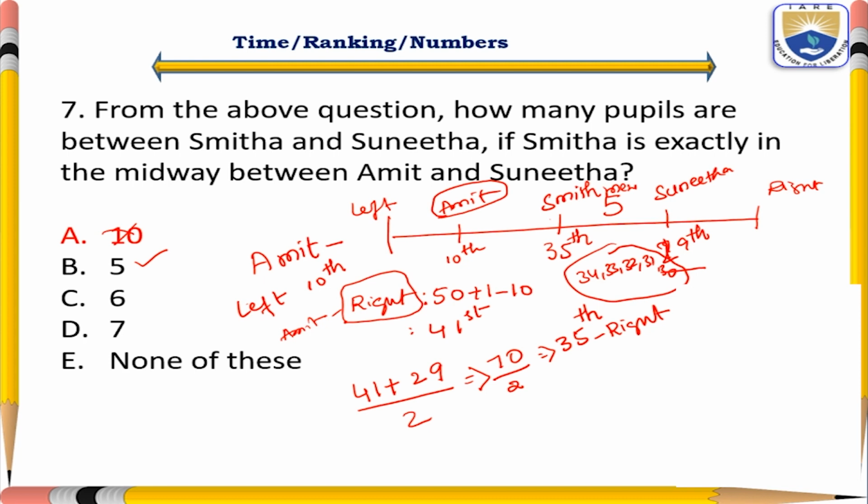If we take the average of both persons' right values, then we get the position from the right side only. If we take the average of the left positions of both persons, then we get the left position of the mid person. That's the point to remember here.